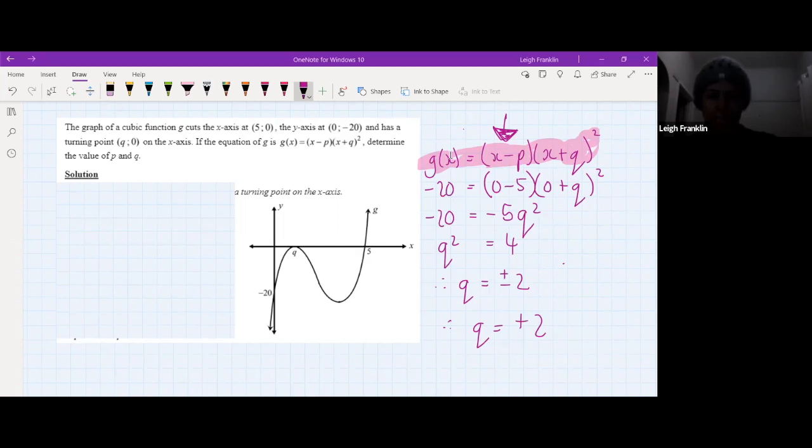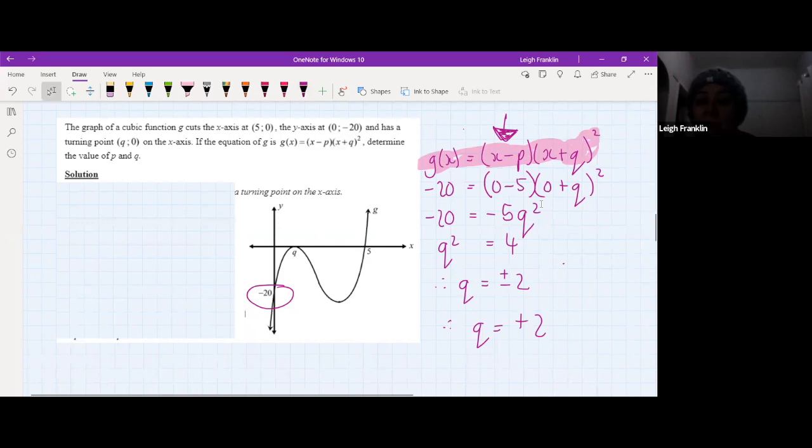Ma'am, if ever they ask us to find P and Q, must we find the coordinate where y equals 0, or is there another way to find P and Q? No, no. In this case, they've given you the y-intercept. But as long as they have given you another point, it doesn't matter what point they've given you, as long as you've got an x and a y to sub in. Does that make sense to you? Yes, ma'am. Okay. All right.